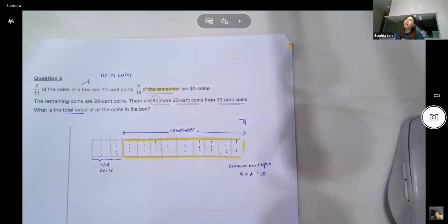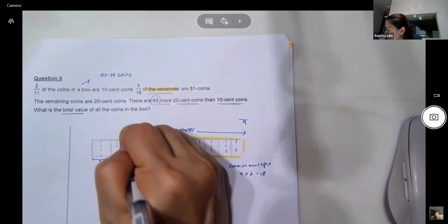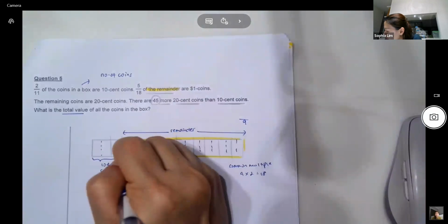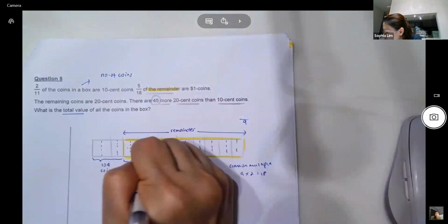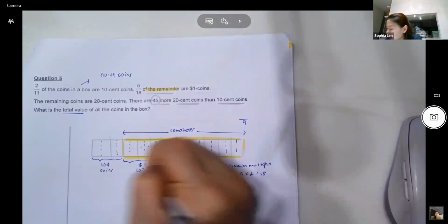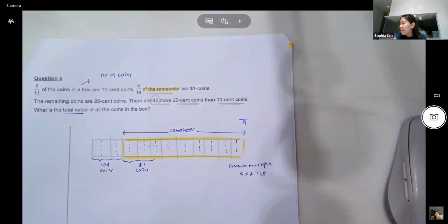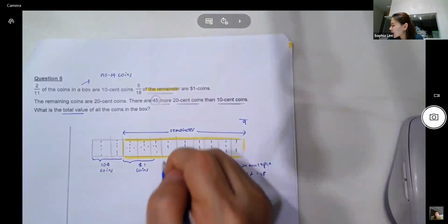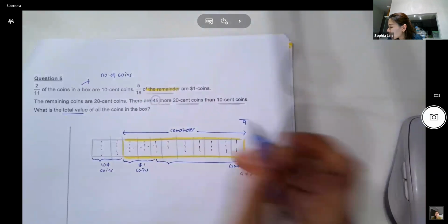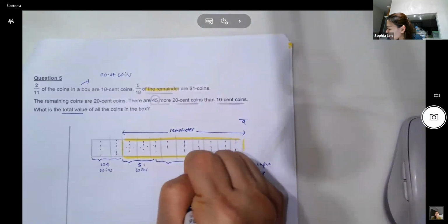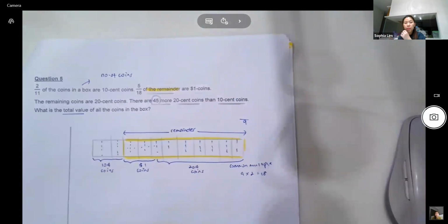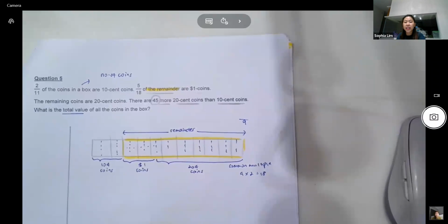Units of different size, no point of comparison because not fair. Then you count 1, 2, 3, 4, 5. This is your $1 coins. Take note, I'm still talking about number of $1 coins. And the rest is 20-cent coins.